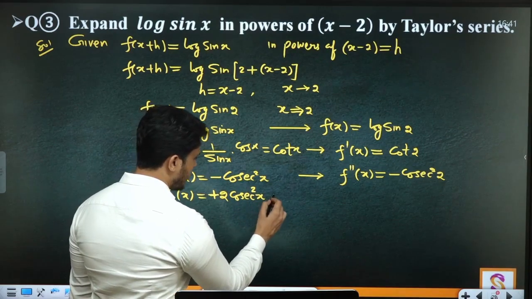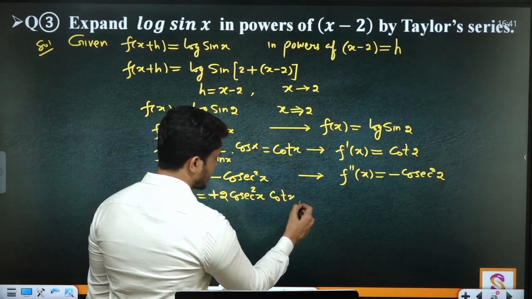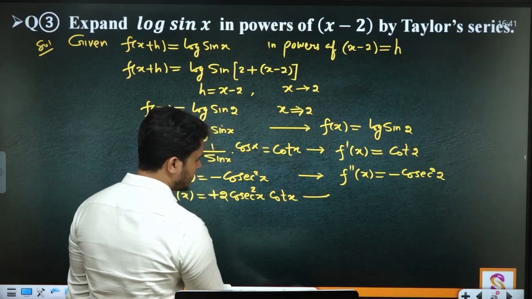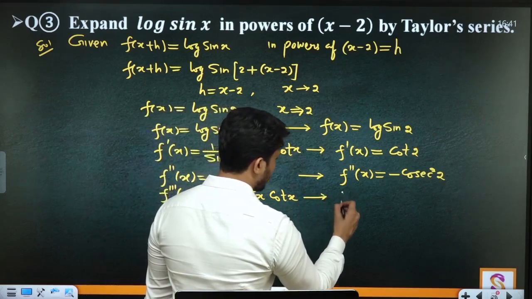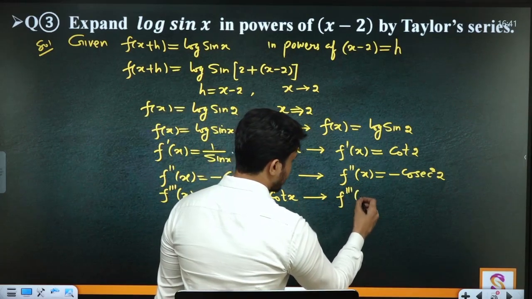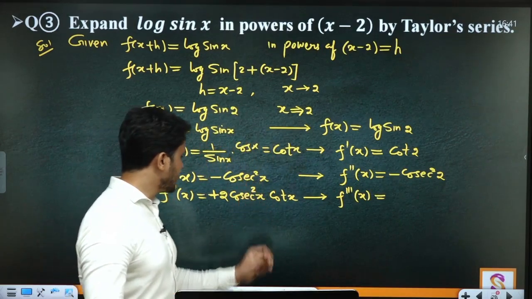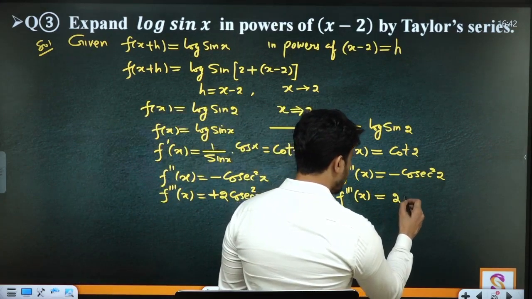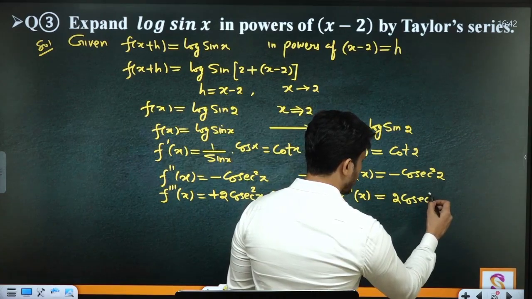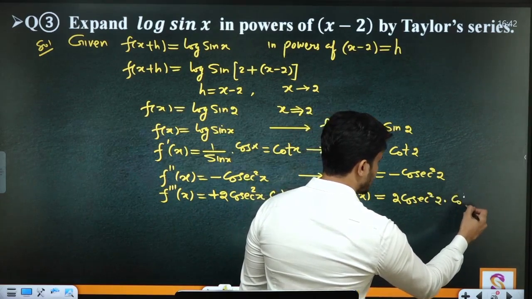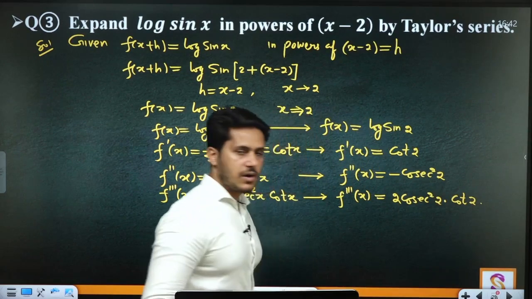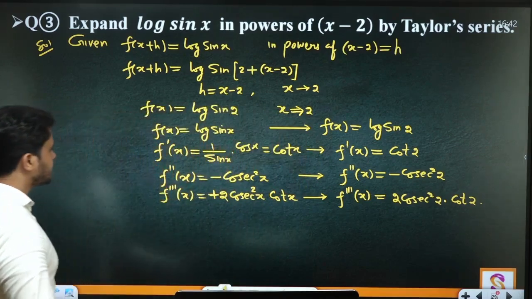It will be 2 cosec square x into cot x, but the actual value of this f triple dash x, after replacing x by 2, is 2 cosec square 2 into cot 2.